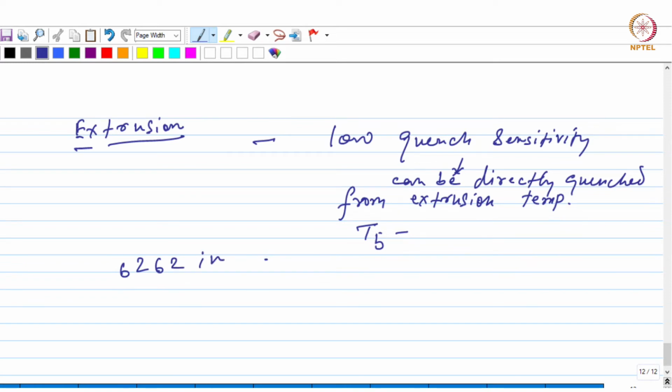This 6062 is also used in T9 condition, which is solution treatment plus artificial aging followed by cold working. And in that condition, it can give a proof strength of 380 megapascal.